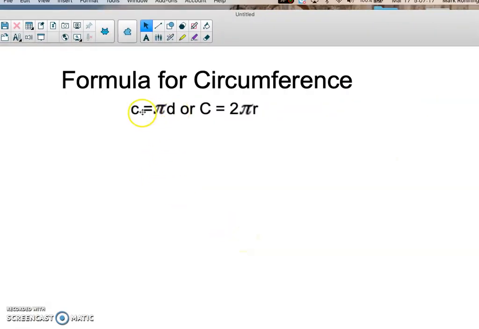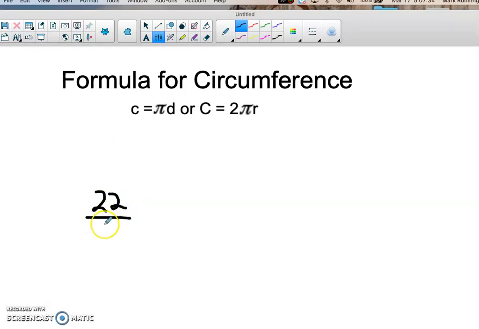So, remember the formula, circumference equals pi times the diameter. So we were going to use 22 sevenths for pi, and then we are going to multiply that by 70.